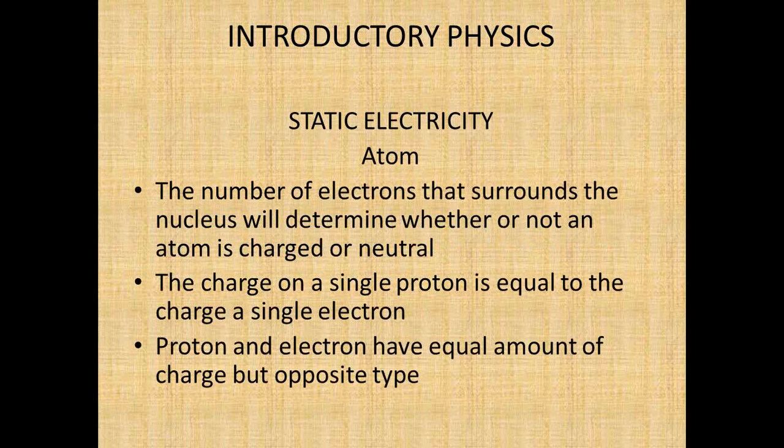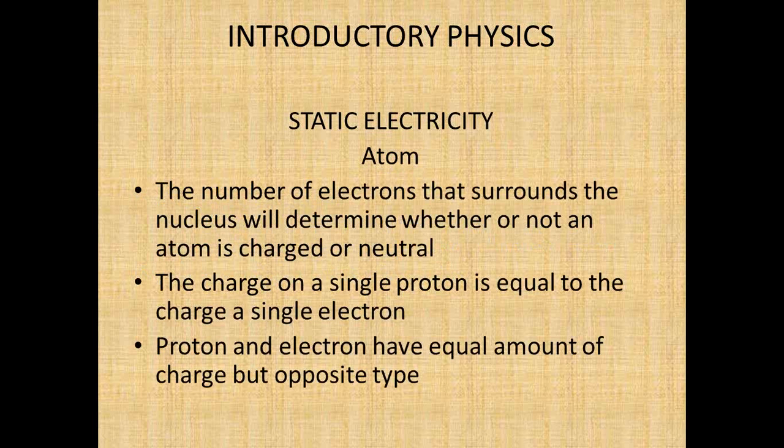So if you remove electrons from a stable atom, then you're going to have excess protons, so it becomes positive. If you add electrons to a stable element or atom, then you will have excess electrons, so that atom or element will be negative. So it's very important to understand that essentially the only thing you can move is the electrons.